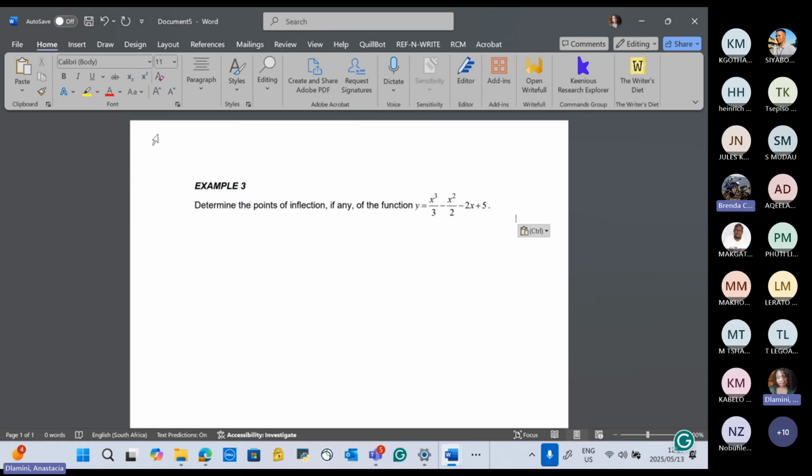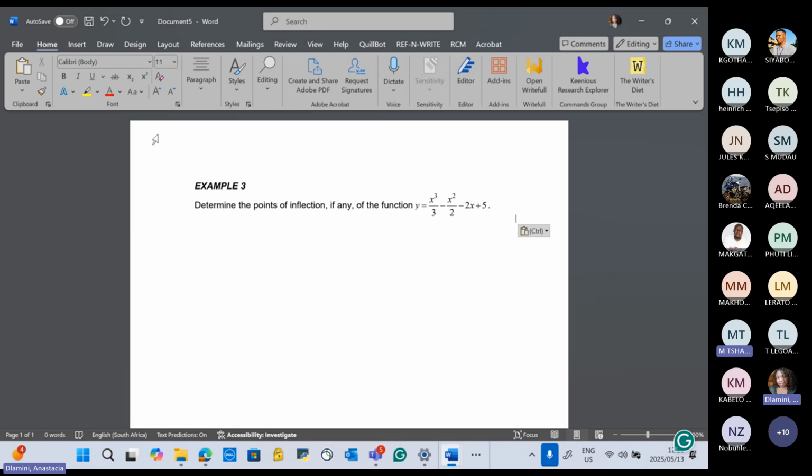First derivative. You guys said you are okay. Point of inflection, what do we do? We do the steps for the maximum and minimum, then the last step is when we find the inflection. Not all of them, but some of them, the starting ones.